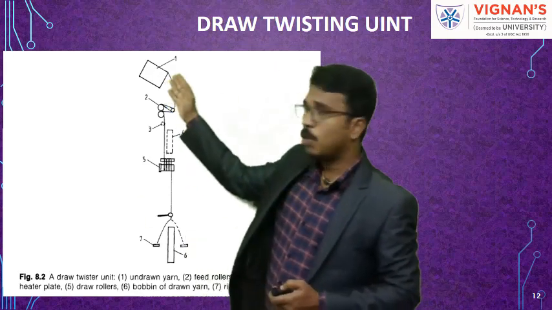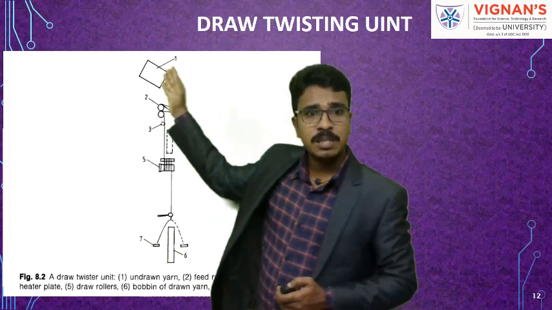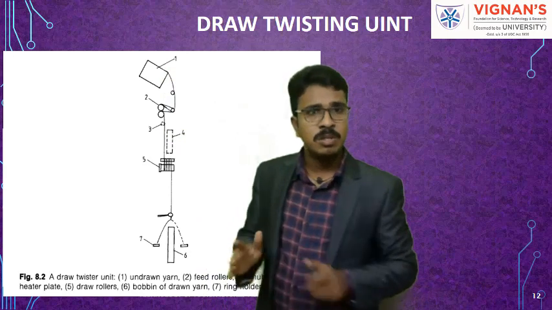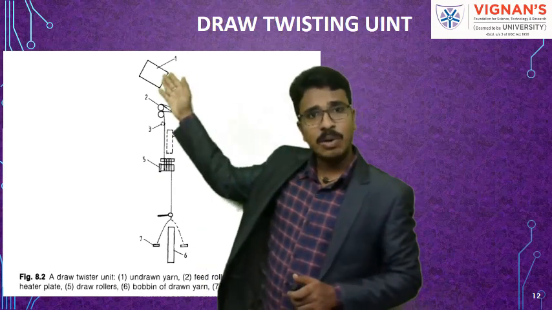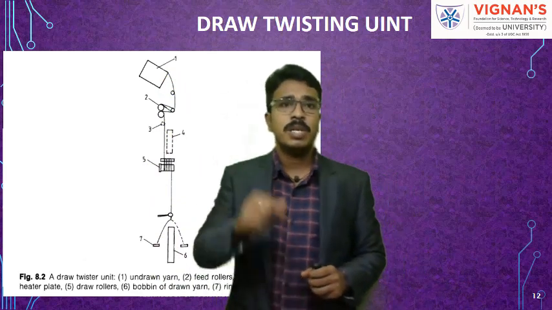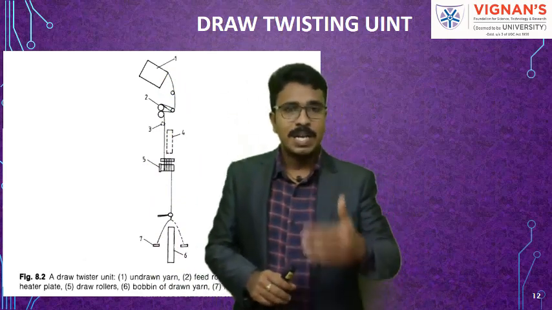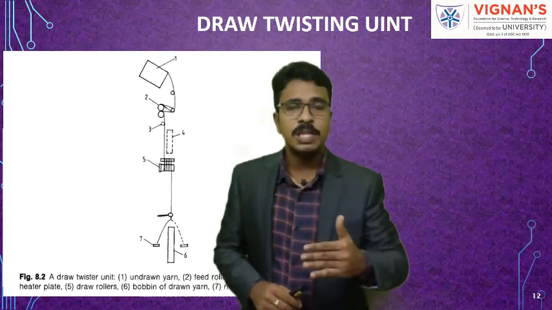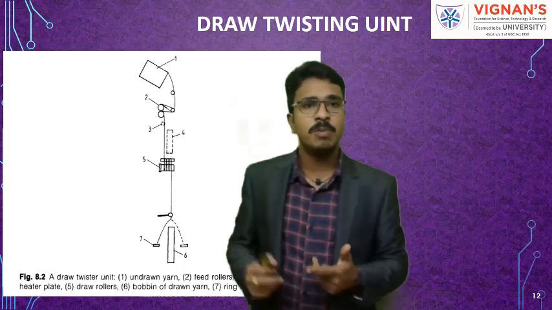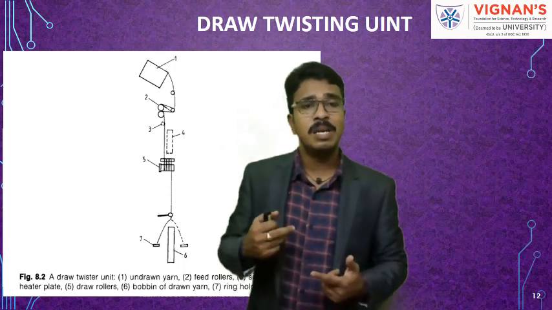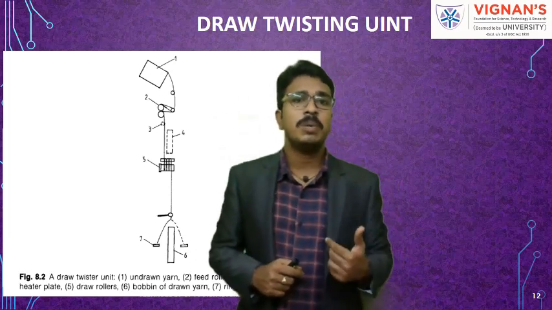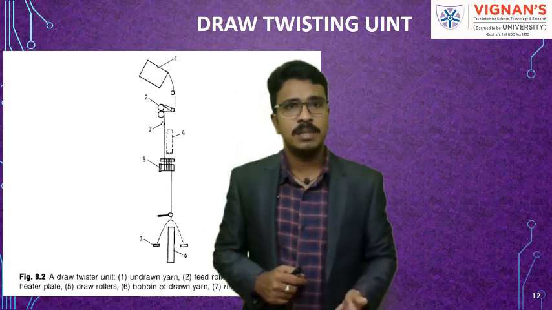So from the bobbin, this is the undrawn yarn, which is not drawn, and that undrawn yarn we are passing through different elements in this draw twisting unit. Here the yarn which we produce after the spin finish, in the melt spinning we have wound onto bobbins, and then those bobbins we take to this draw twisting unit to impart the required amount of drawing.